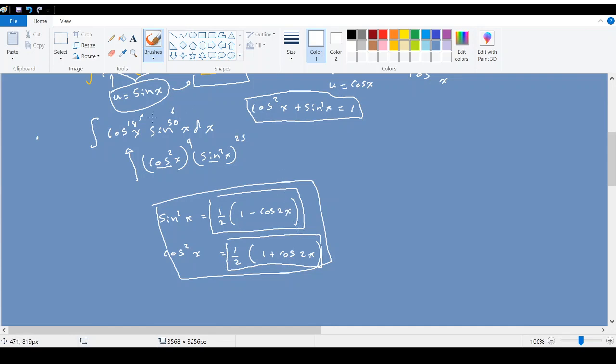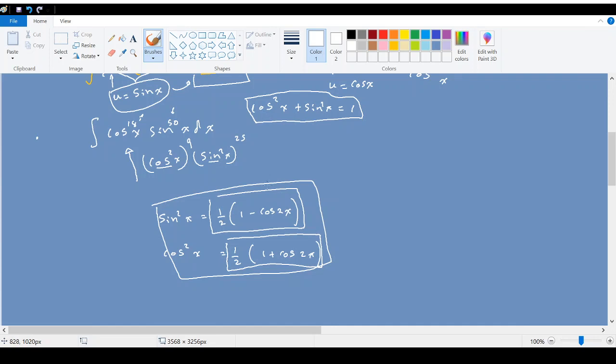Now of course, since these are larger powers, it's not that easy to do the simplification, but if these powers are small, then you will be able to do the computation easily.